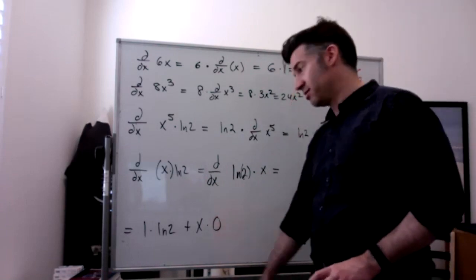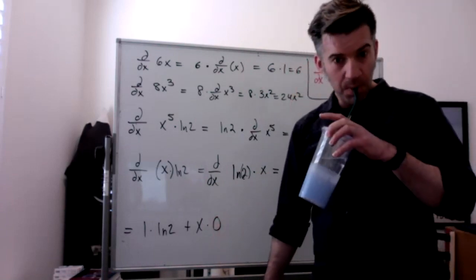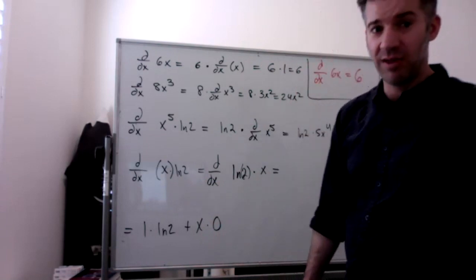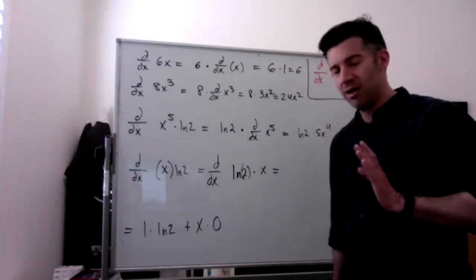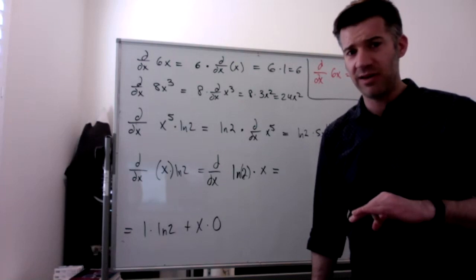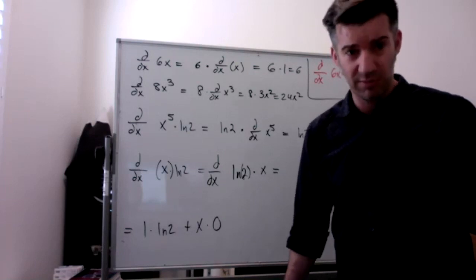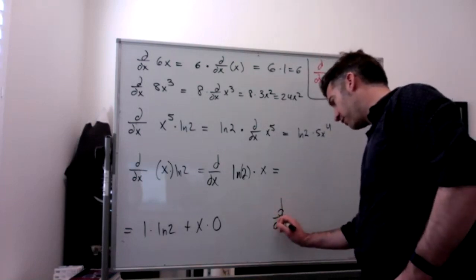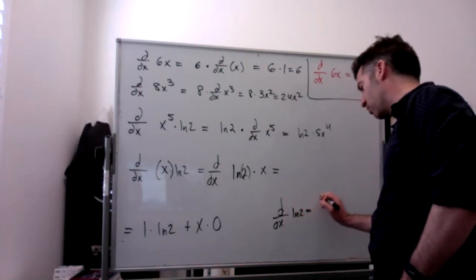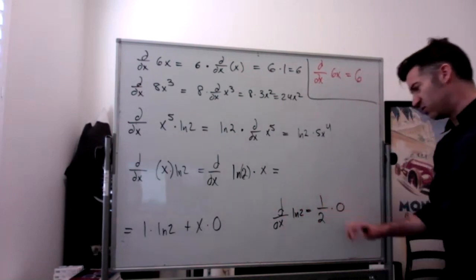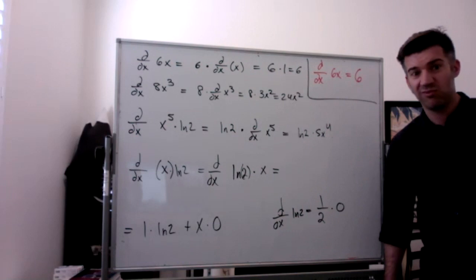Yes, 0. If you really wanted to be super extra about it, you could say the derivative of the natural log of stuff is 1 over the stuff times the derivative of the stuff. The derivative of the natural log of 2 is 1 over the stuff times the derivative of the stuff, which is 0.